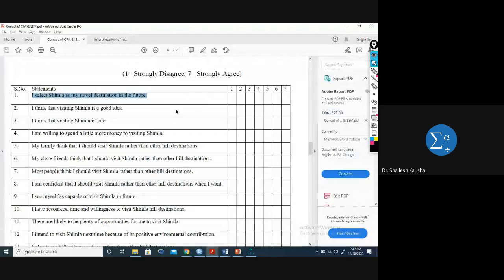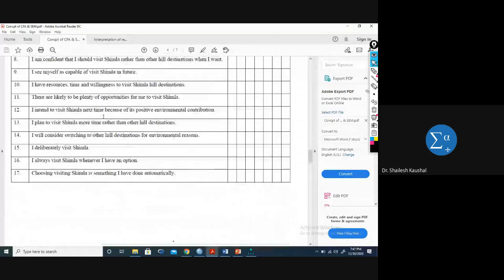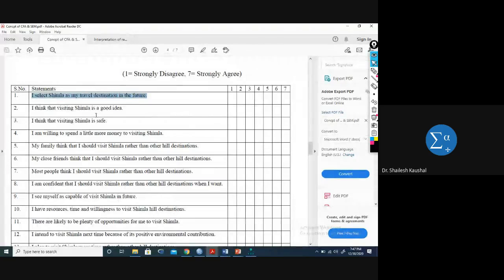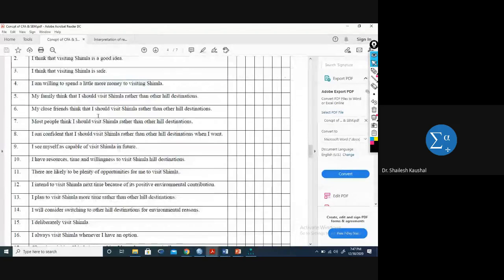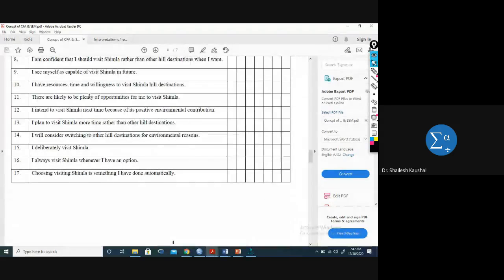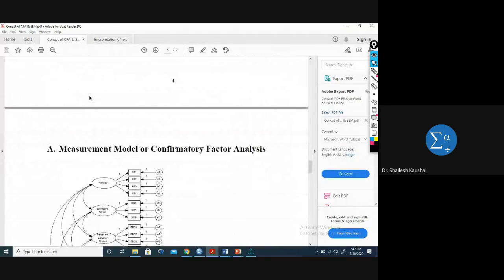If they do not agree, they can give 1 or 2. We show this questionnaire to the respondent, the respondent will fill it in, and we will enter the data into the spaces.